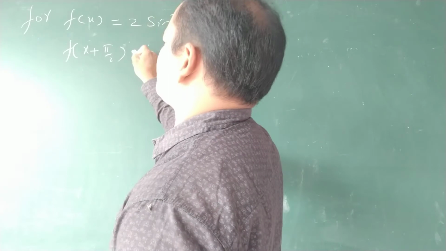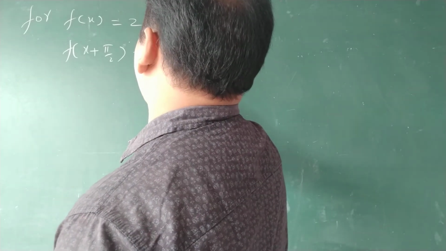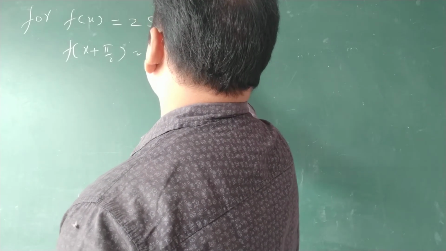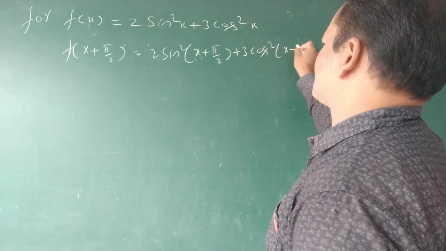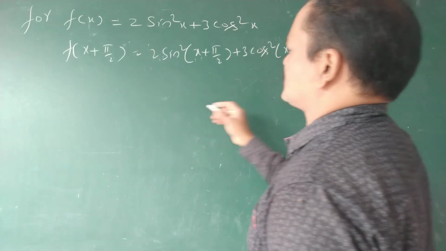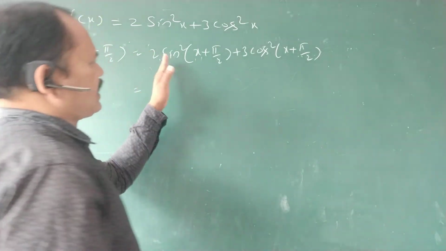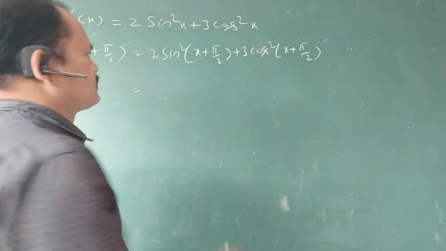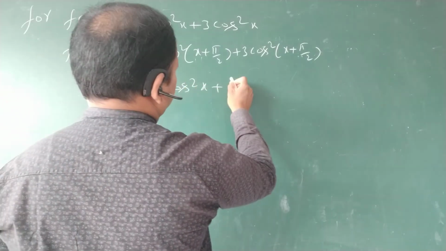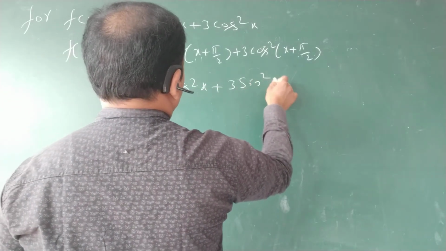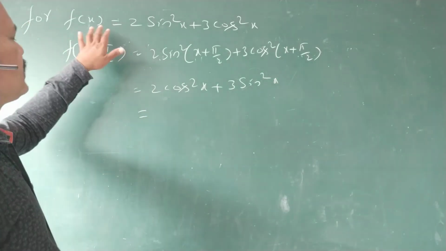Then f of x plus pi by 2 is equal to 2 sin square of x plus pi by 2 plus 3 cos square of x plus pi by 2. Since sin of 90 plus theta is cos, it becomes 2 cos square x plus 3 sin square x.